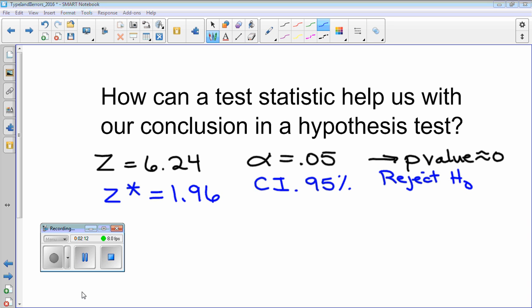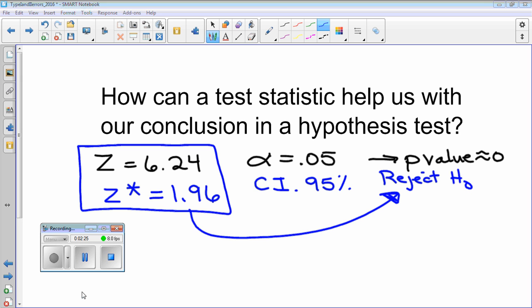1.96, okay? We can actually take these two values here, it won't let me highlight today, that's fine, and compare them. Based on that comparison, we have the same conclusion. So there are two ways to reject the null. The first way is to have a p-value less than alpha.